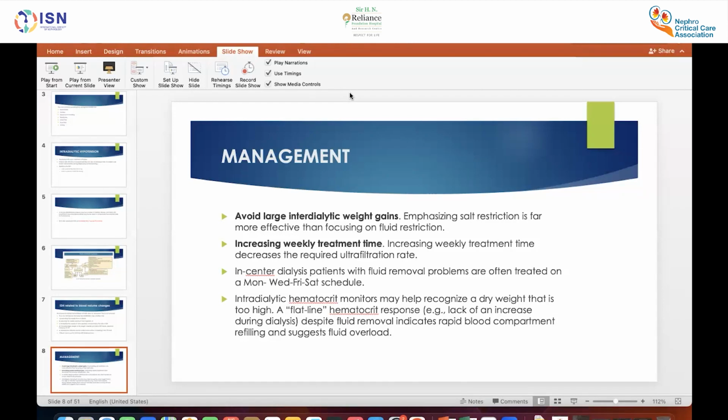See, albumin is a substance. One is that we are doing this in a resource limited setting. Still, we should not forget that we are doing dialysis and other things in a resource limited setting.